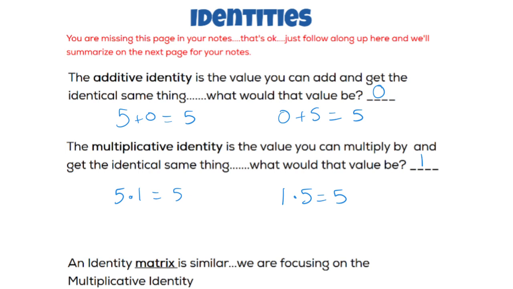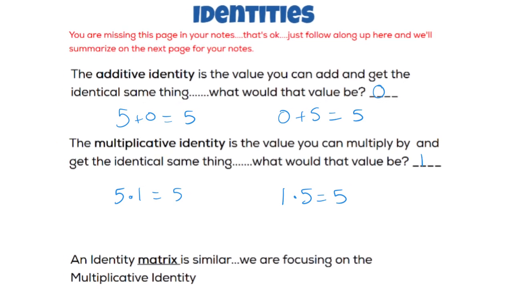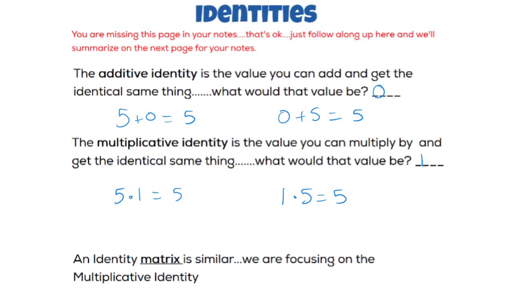So this idea of the identity, getting the identical same thing, those are algebra concepts, but they do translate over to matrices as well. I'm going to start with an additive identity matrix. If you had some matrix, and I'm just going to call it 1, 2, 3, 4, let's say, what matrix could I add to it that would still get me the exact same matrix 1, 2, 3, 4?